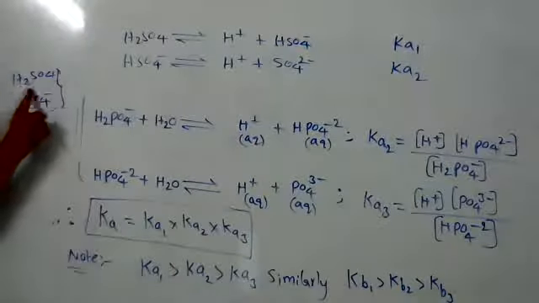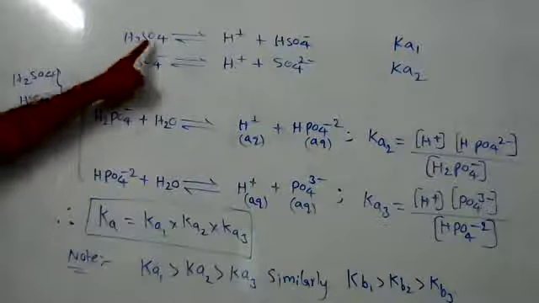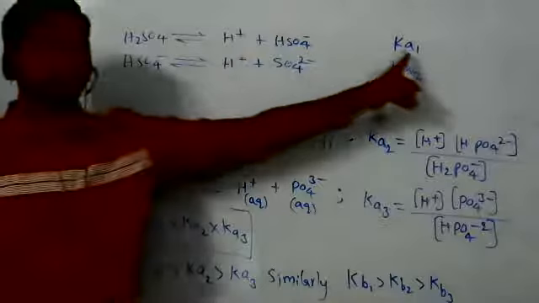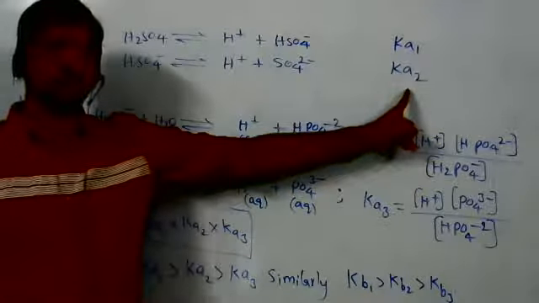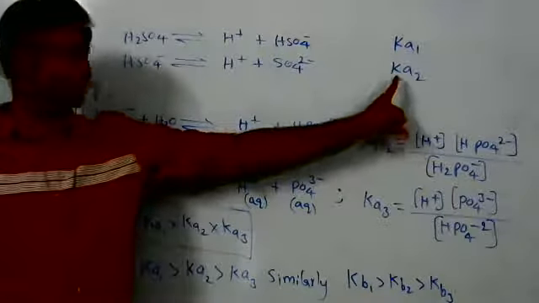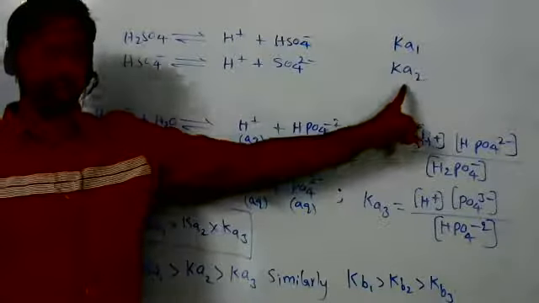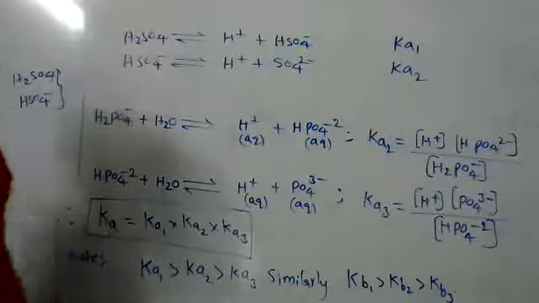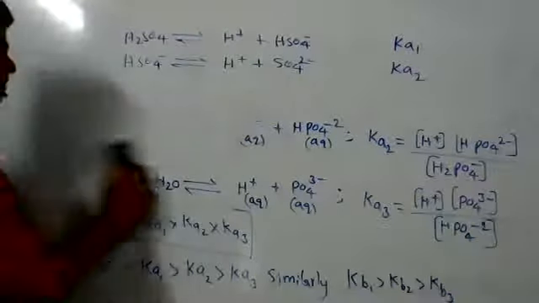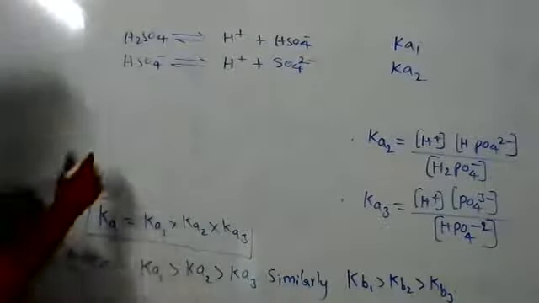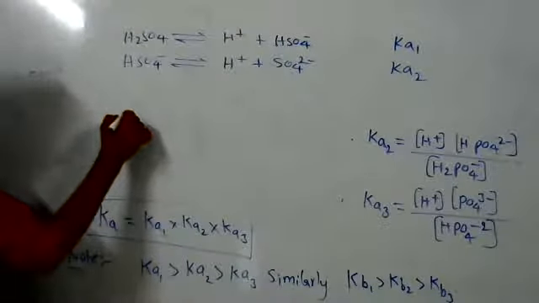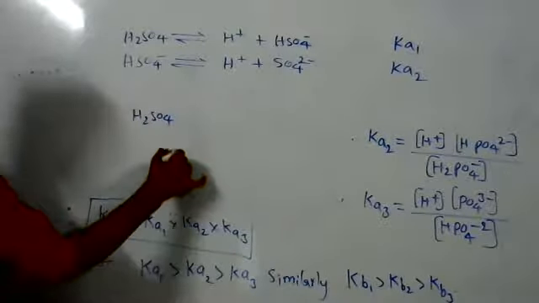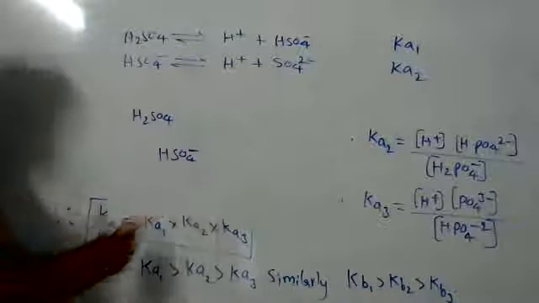So the question is, why is H2SO4 a stronger acid than HSO4-? Ka1 is always bigger than Ka2, so this is the stronger acid. Going deeper, the reason is in the structure. H2SO4 does not have any charge, while HSO4- has a charge.